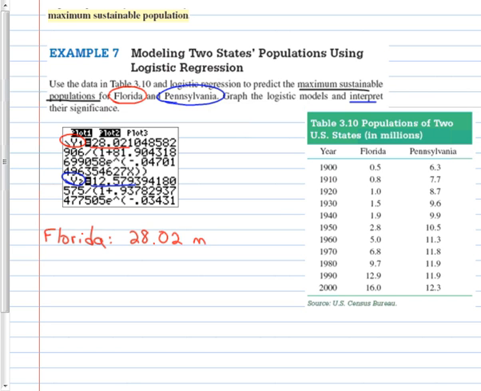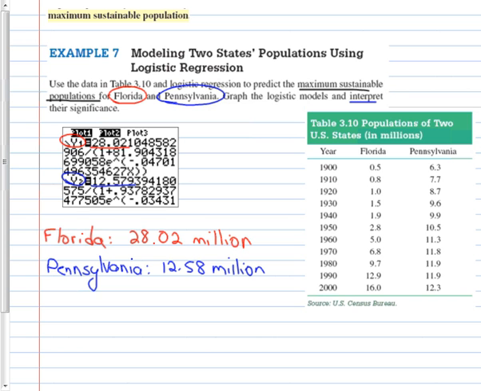Isn't this in millions? What's my predicted maximum sustainable population for Pennsylvania? 12.58 million. Now let's think about this for a minute.